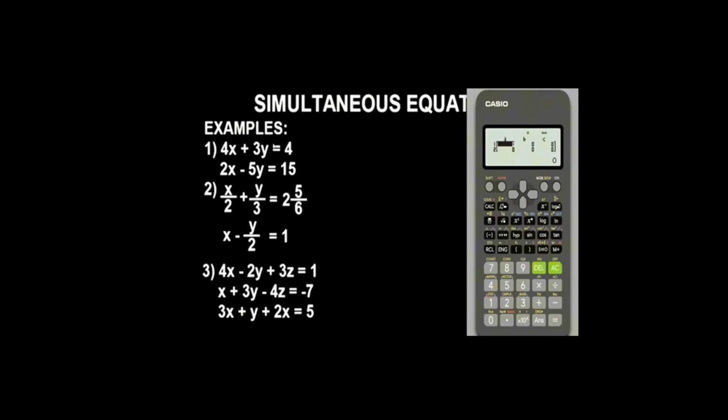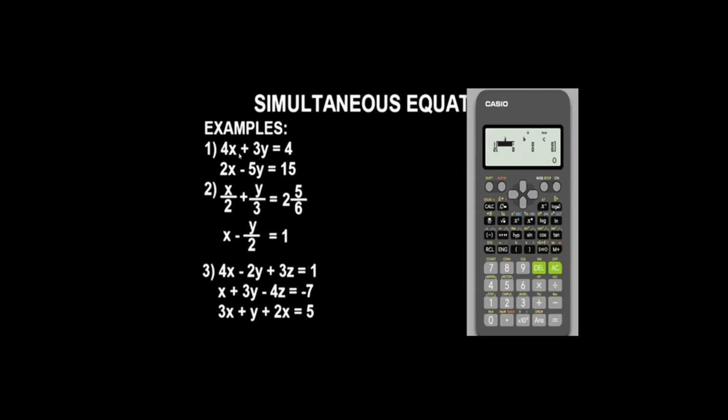So we have two equations here. Alright, so these A, B, and C represent values to input. So let's begin with the first equation, equation 1. So in this first equation in question 1, we have 4x plus 3y equals 4. So what's the coefficient of 4x?